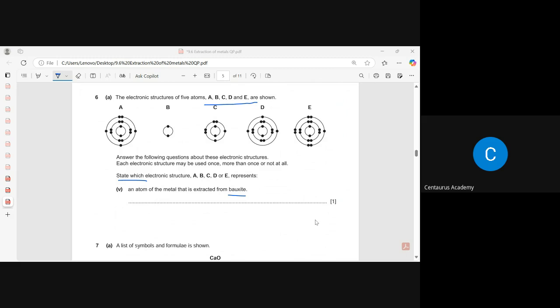Bauxite is the ore of aluminum. Yes, bauxite is aluminum oxide. Very good. Excellent. All right, moving on to the next one.